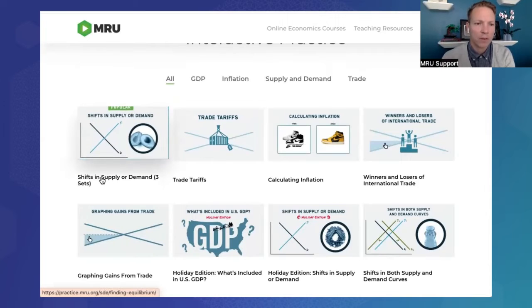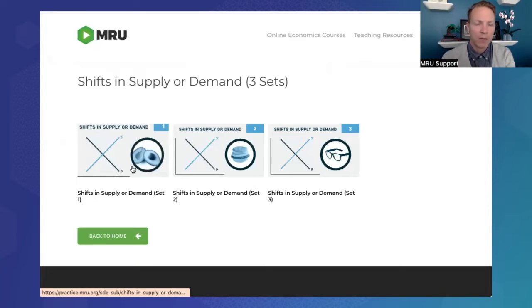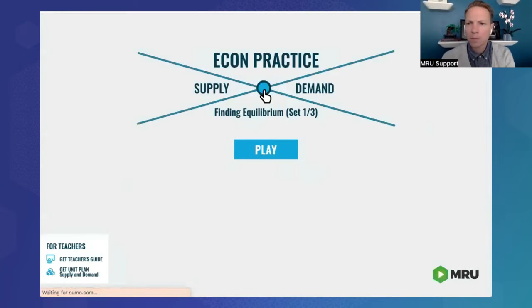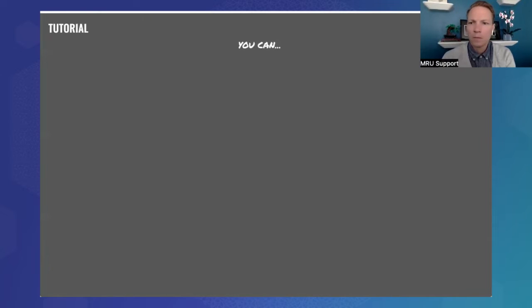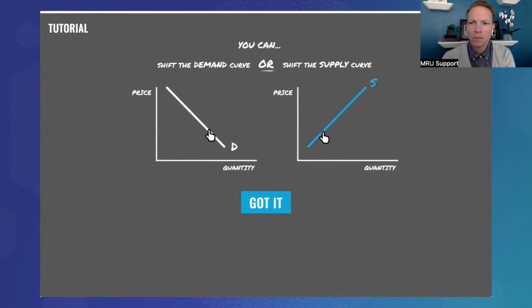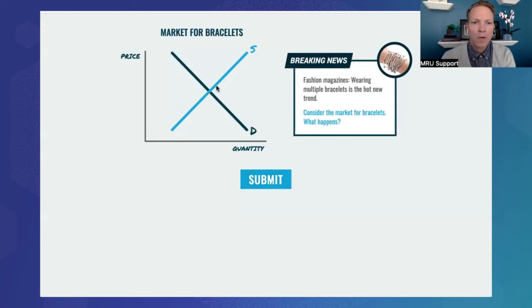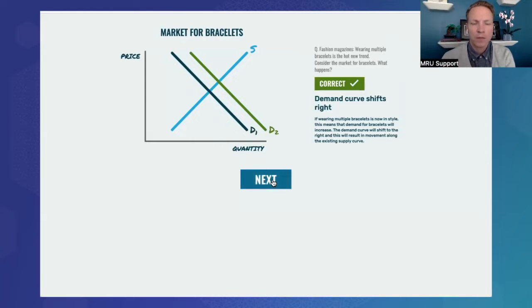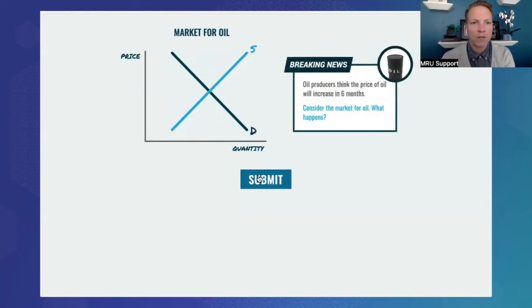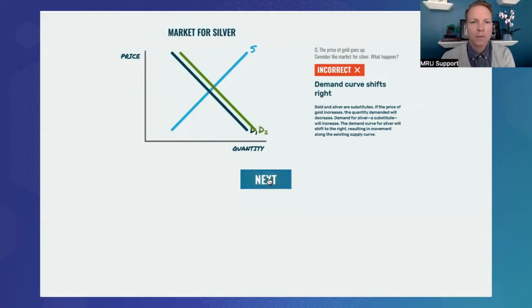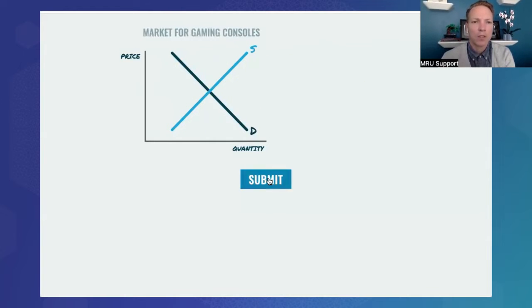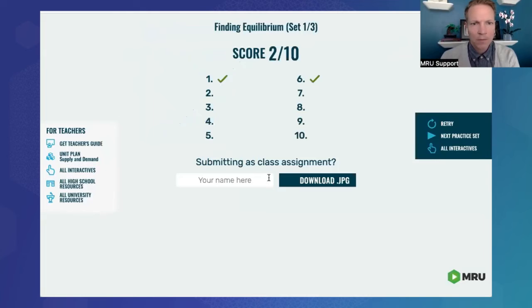We have a bunch of supply and demand ones. You can move the curve, or you can have the students move the curve. You can do this as a class, or you can have them do it individually. Let me play through to the end to show you what the end looks like.